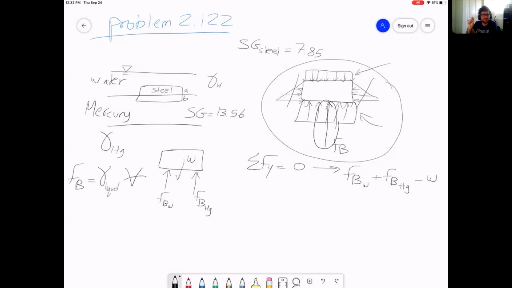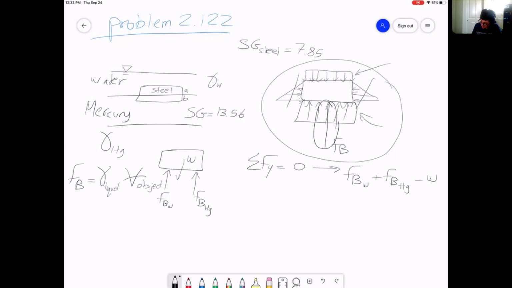It is actually the part submerged in the water. So B right here is not in water, it's in mercury. We don't include that in the formula for the buoyant force of water. So this is the volume of the object submerged in water, or in that specific liquid we're trying to analyze.